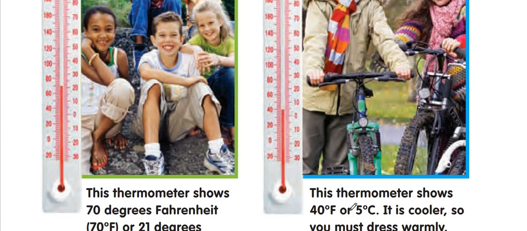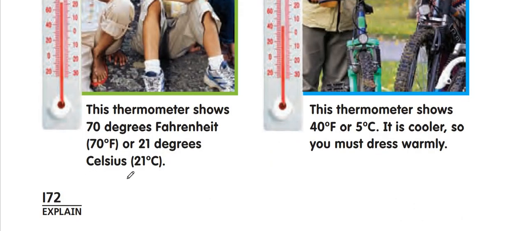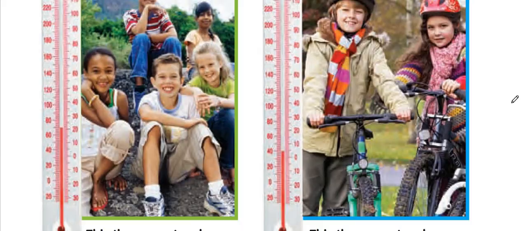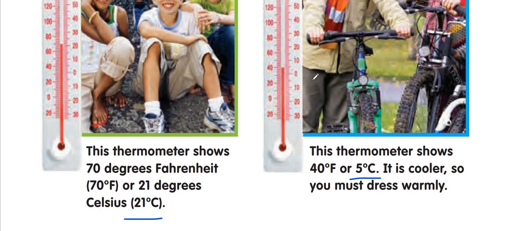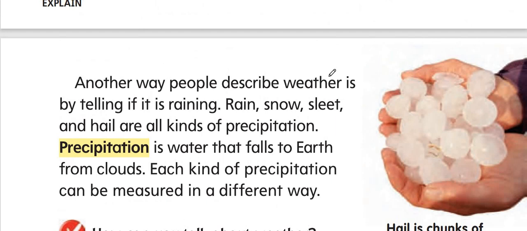Here, as you can see, this is 40 Fahrenheit or 5 Celsius. It's cooler and you must dress warmly. So here the temperature is suitable to wear. At a high temperature, they're wearing light clothes, and here it's a low temperature, so they're wearing heavy clothes. Another way to describe weather is by telling it's raining.